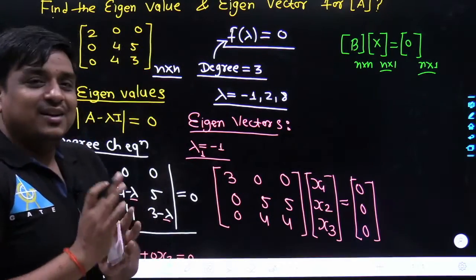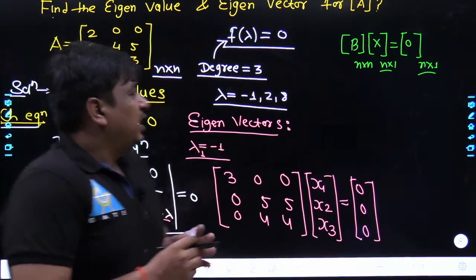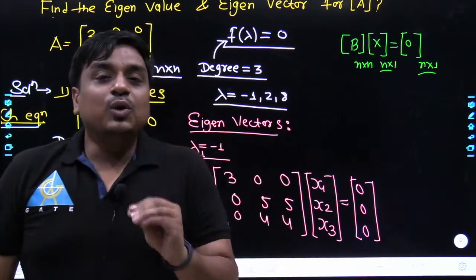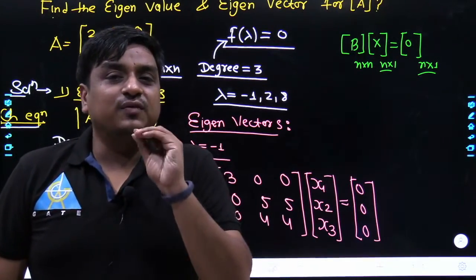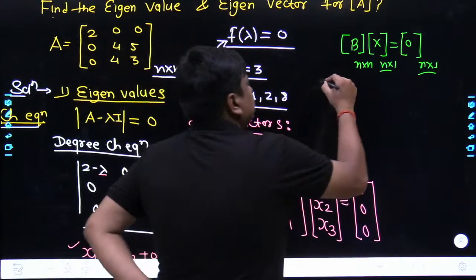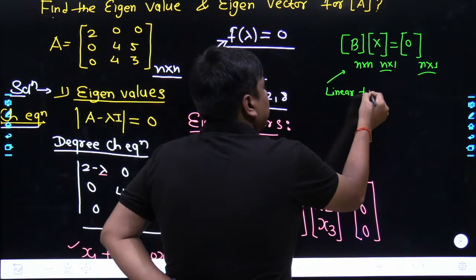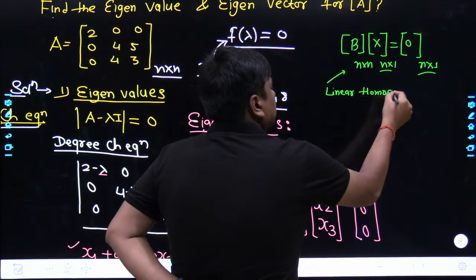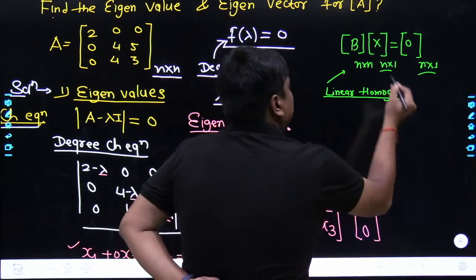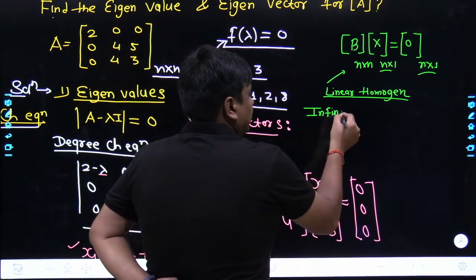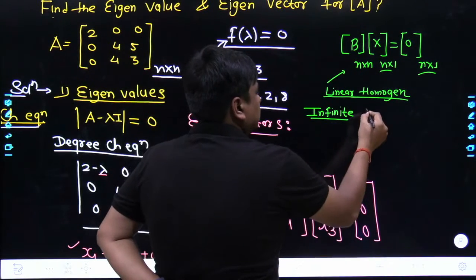Now try to understand. If you have a little idea about infinitely many solutions, which case is it? It's the linear homogeneous case. When we have a linear homogeneous case, we used to have infinitely many solutions.